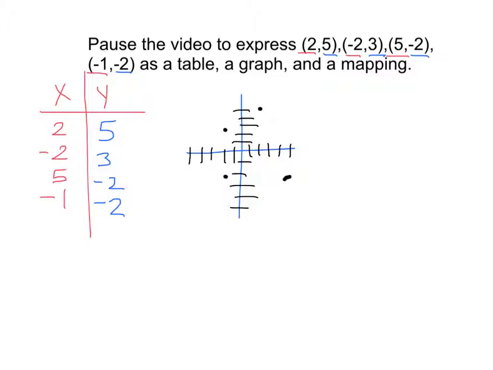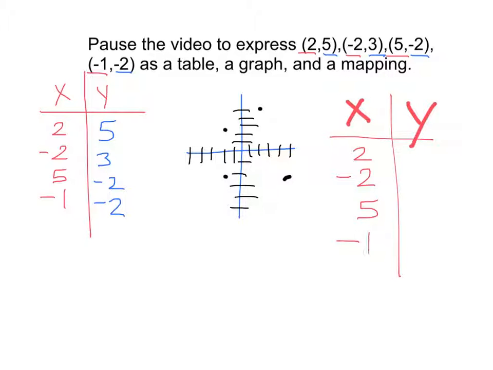Now we create a mapping, and the mapping looks very similar to the table because you pretty much just copy that information over and then you connect them. So I have 2, -2, 5, -1.